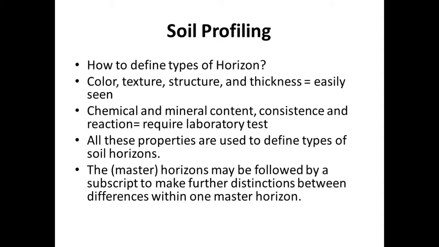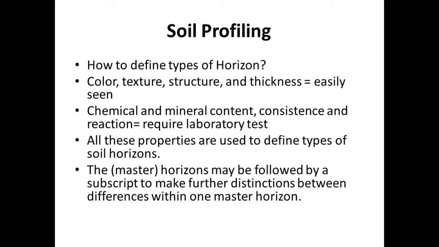I'll be talking later on how different colors mean different horizons. But for now, consider that we will use these kinds of tools to differentiate the horizons, and we'll also discuss their characteristics. All these properties are used to define types of soil horizon.